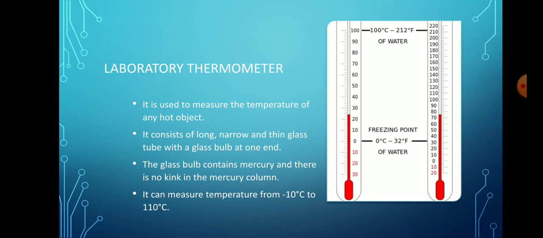It means whenever we remove the thermometer from the hot object, the mercury falls down immediately. So this is the reason we have to measure or read the temperature while the laboratory thermometer is still in contact with the object. It can measure temperature from minus 10 degrees Celsius to 110 degrees Celsius.